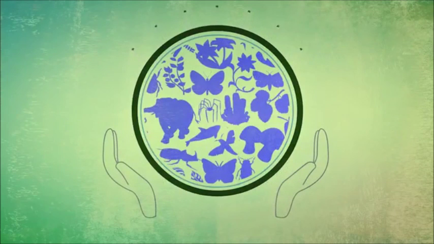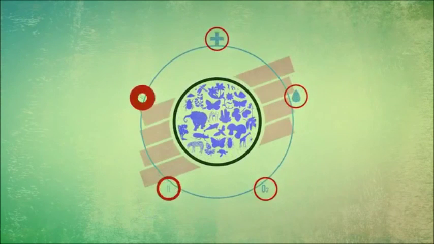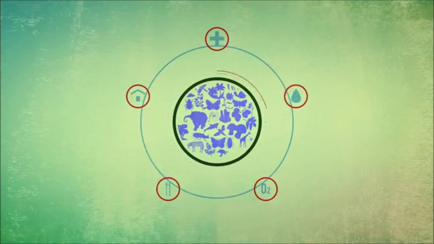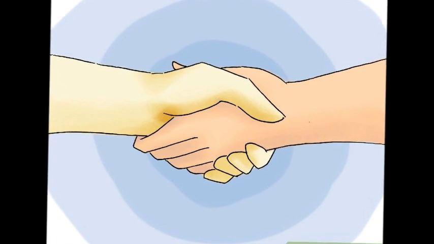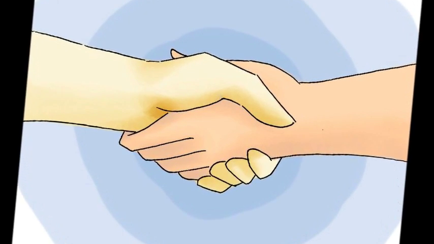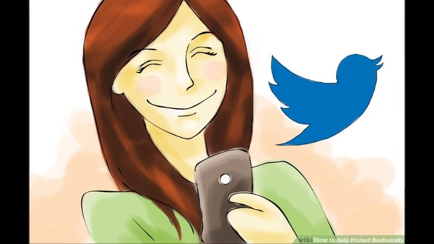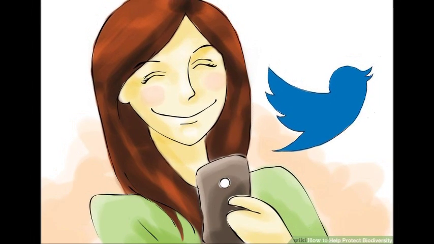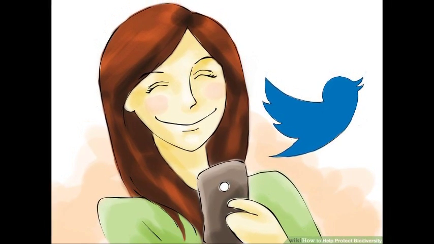Make important connections. Certain people in the local community can be especially helpful allies when trying to further the cause of preserving biodiversity. Share your message. The more people you reach out to, the better chance you have of seeing the biodiversity changes you want. Use of social media to influence others is also a great way.